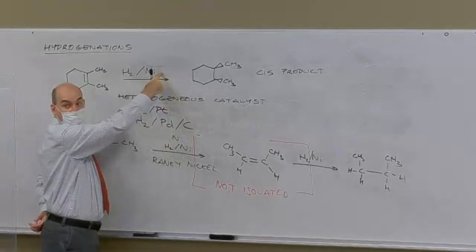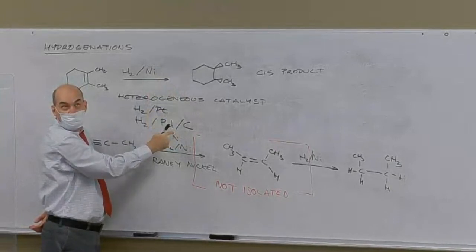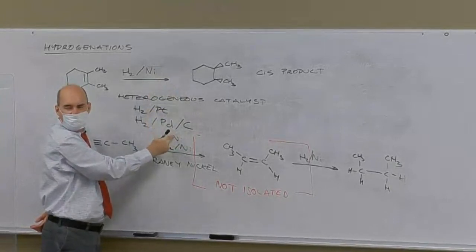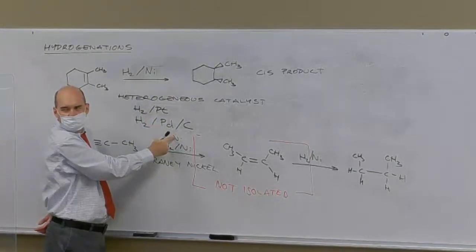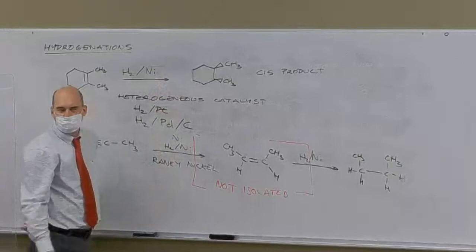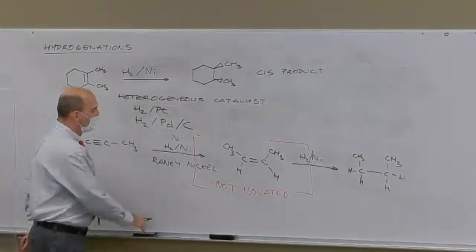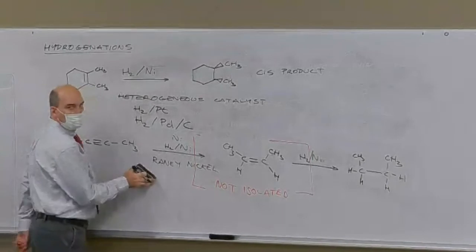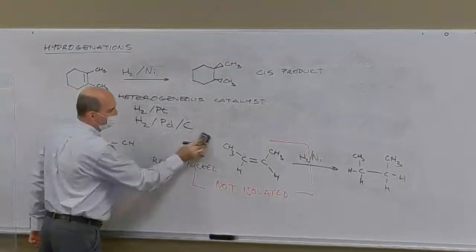That's the cheapest. This is expensive. I don't remember ever using palladium and graphite, maybe once or twice. It's nickel before, because it's cheaper. It depends what your use is. What we really want is to be able to stop this reaction in the middle.